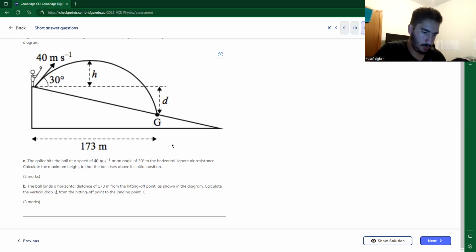Okay, initial. No, we want to use that. Wait, the final zero, initial. Okay, so initially the vertical is 20. 20 divided by 9.8. So I got a time of 2 seconds. 2 seconds is from here to here. Now from here to here, you have to times it by 2 because it's in perfect symmetry.